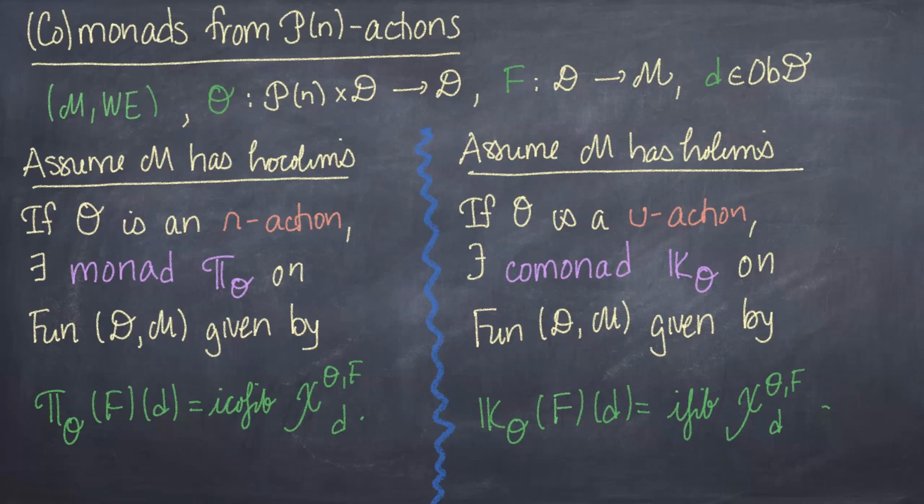It will be the iterated fiber of X theta F of d. Where are the monad and comonad structures coming from? The monad structure is coming exactly from the intersection action, and the comonad structure is coming exactly from the union action. So they really have to use this action structure in order to get either the monad or the comonad structure.